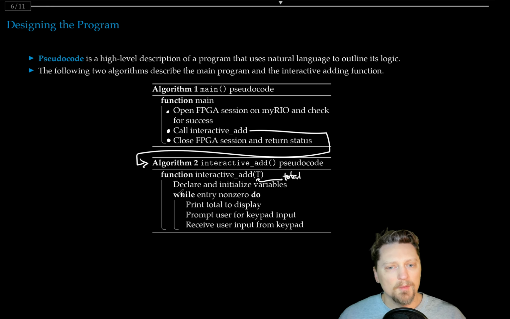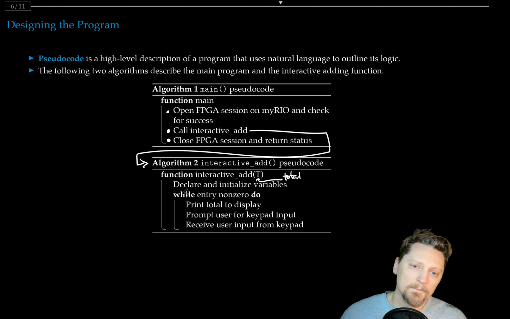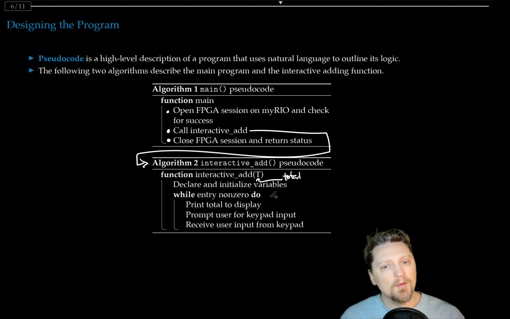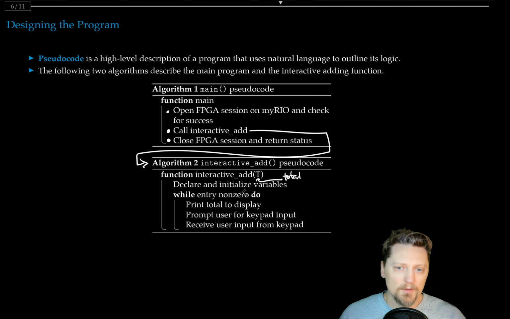Declare and initialize variables, then we enter a loop. And when the user's entry is non-zero, so if they enter a positive number or a negative number, it'll continue to loop through this block of code until the user enters 0, which is the sign that the user gives to the program to end the program.